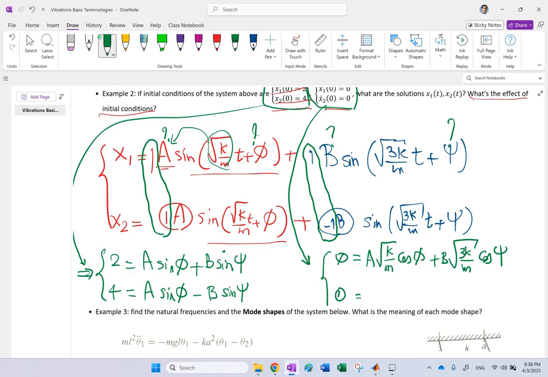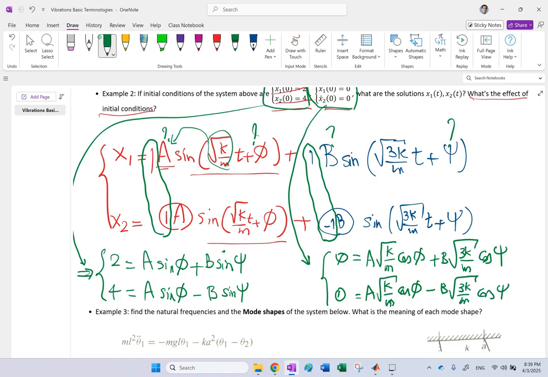And for the second one, again, you will get a times square root k over m cosine phi minus b times square root 3k over m cosine psi.